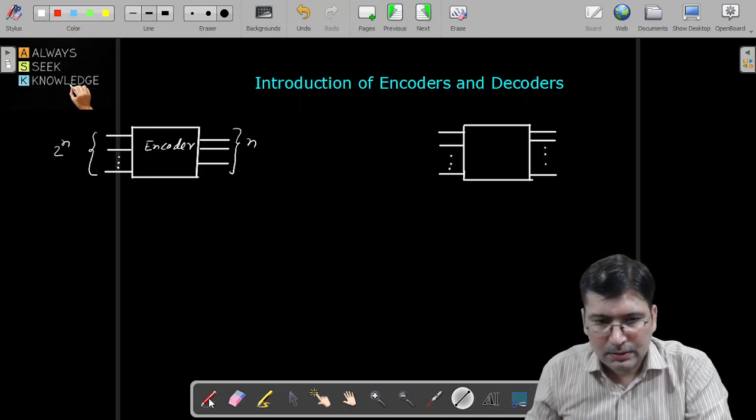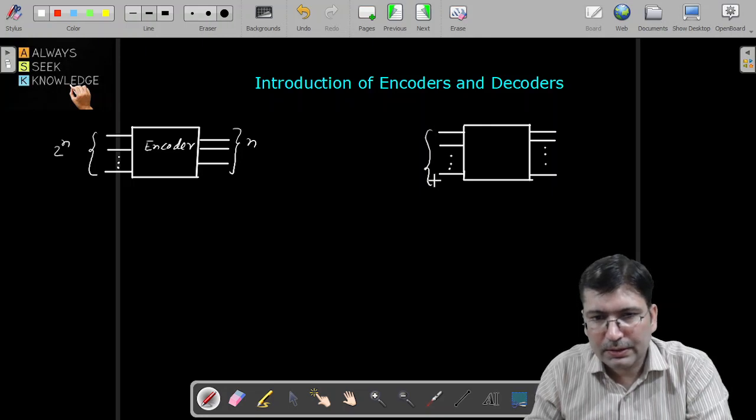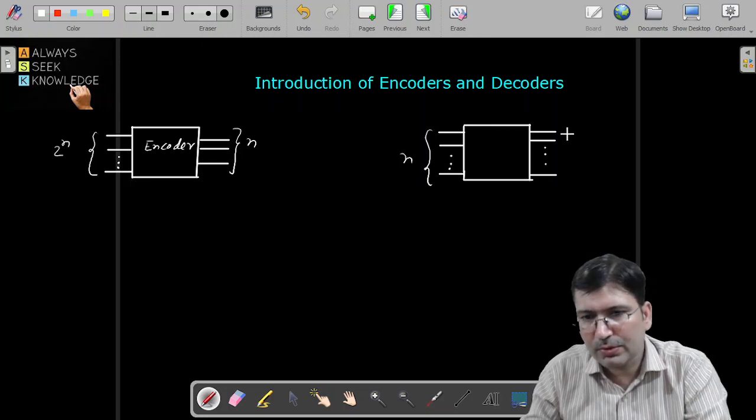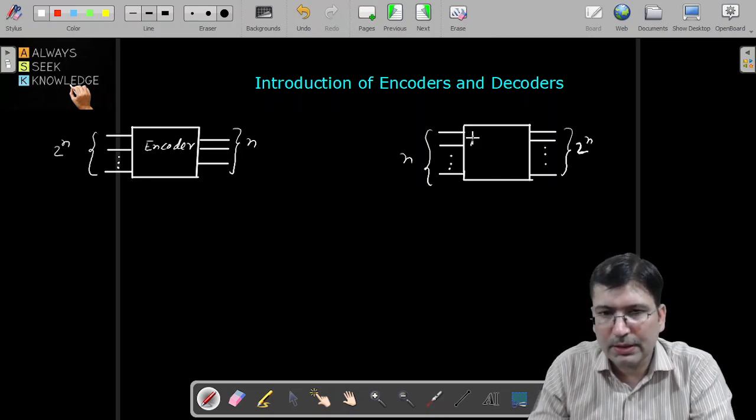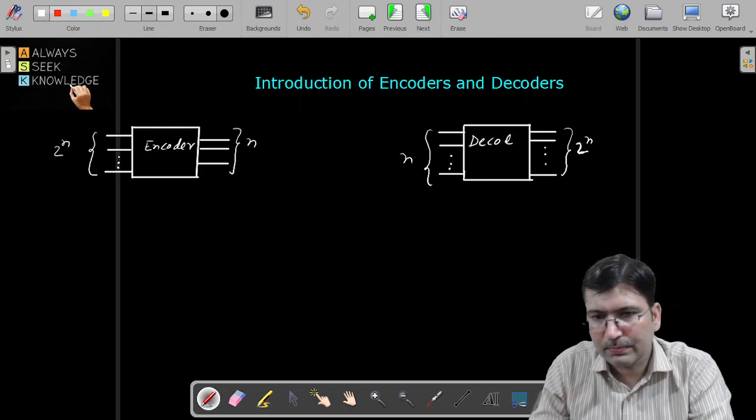It takes n number of inputs and generates 2 to the power n outputs. So this is decoder.